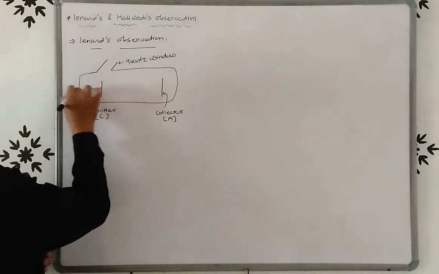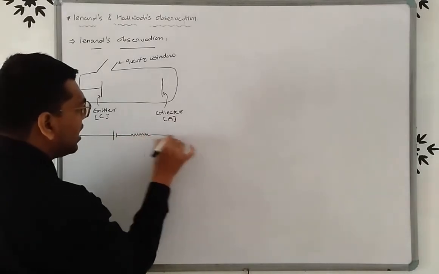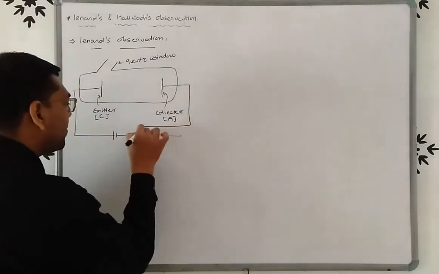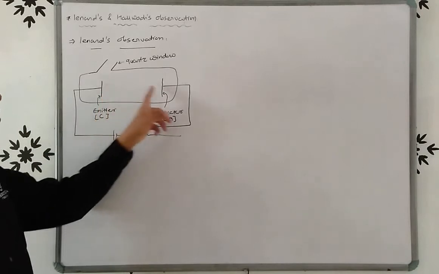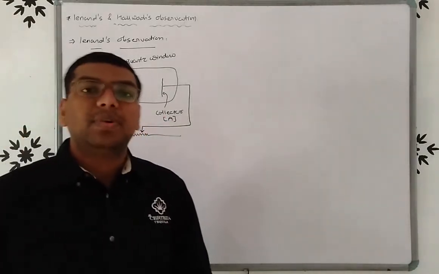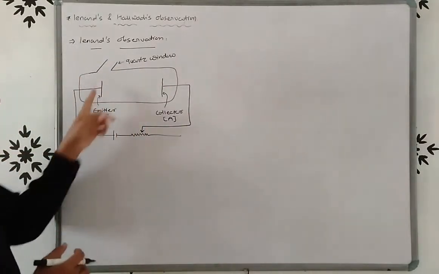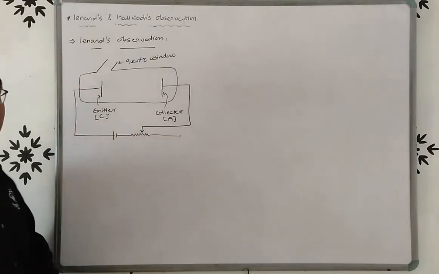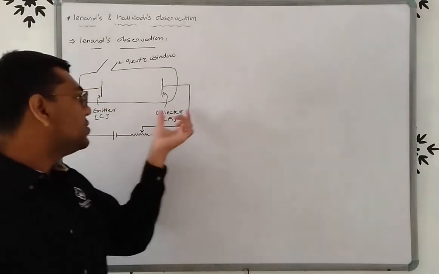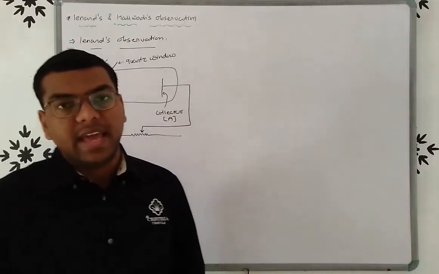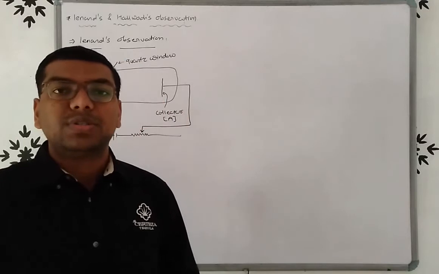Here we apply the potential difference to the electrodes like this. So as shown in figure friends, the two metal electrodes are kept opposite in the evacuated glass tube. One metal electrode is known as emitter, denoted by C, and the second metal electrode is known as collector, denoted by A. Here we apply the potential difference to the electrodes.